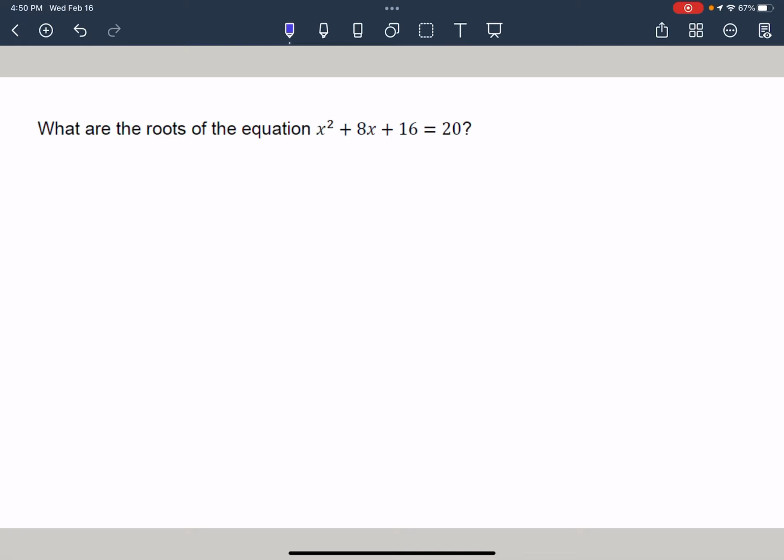This equation asks me to find the roots of the equation x squared plus 8x plus 16 equals 20. If you look closely at the left-hand side, you'll notice that it's a perfect square trinomial. Remember, perfect square trinomials have the form (a plus b) squared equals a squared plus 2ab plus b squared.